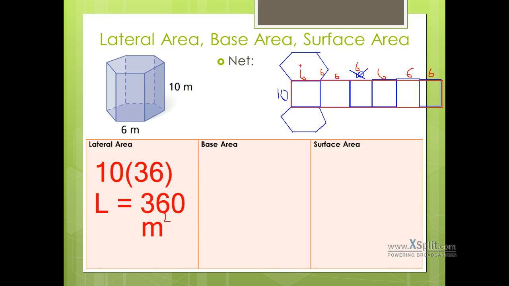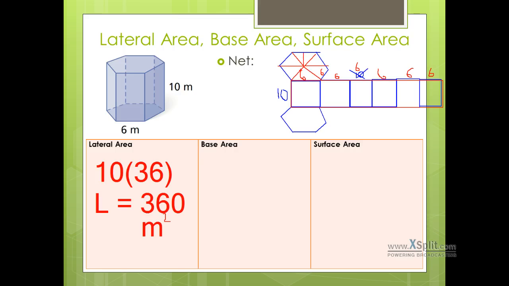Base area, if you remember, of a hexagon, we need to start drawing in some of these apothems and angles and whatnot. We split this all up into pieces. You might remember to get these angles, 360 divided by 6.